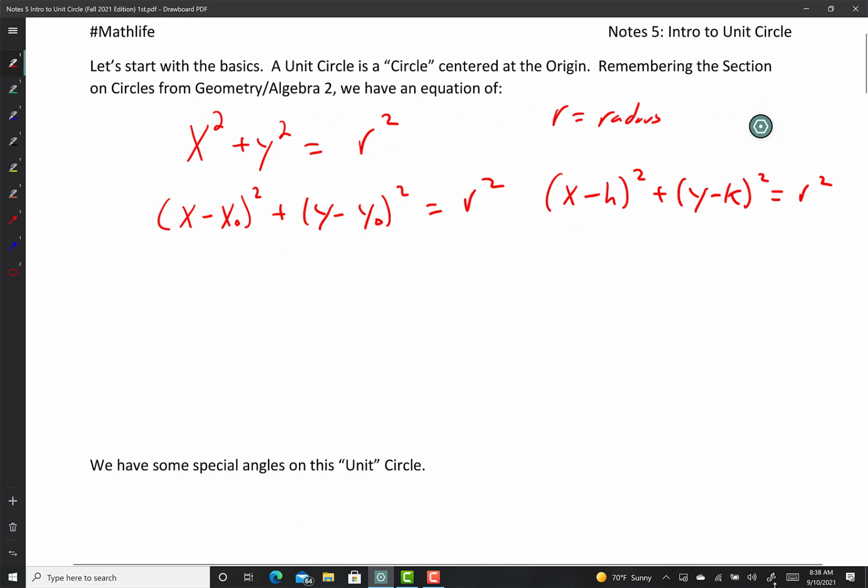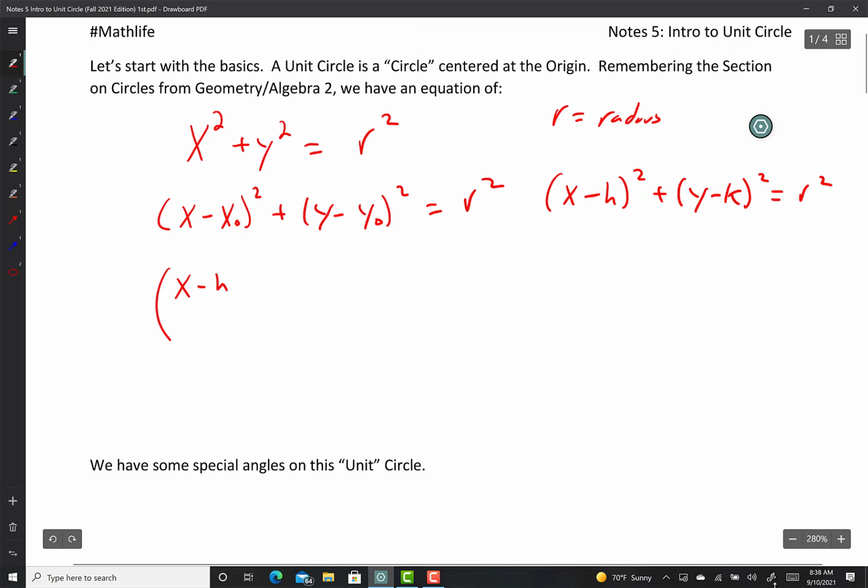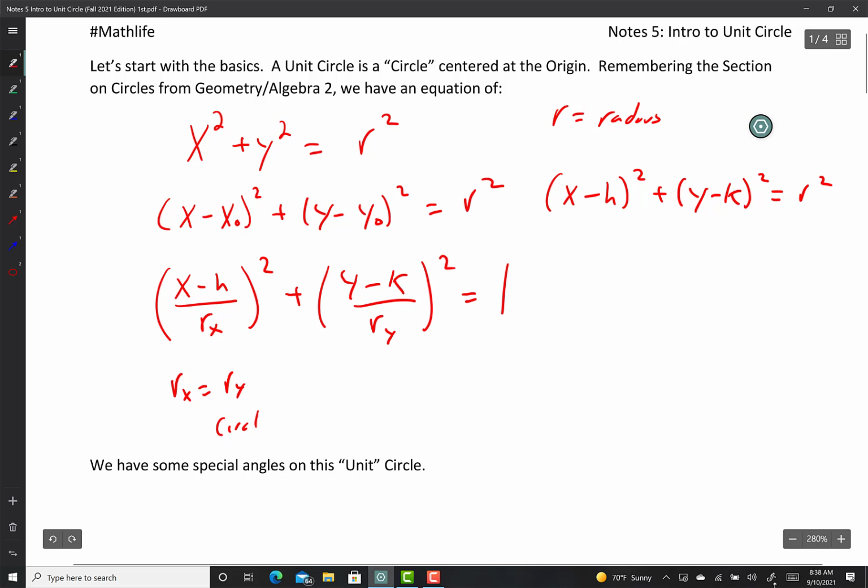They all mean the same thing. It could also look like ((x minus h) over rx) squared plus ((y minus k) over ry) squared equals 1. If rx equals ry, you have a circle. If rx is not equal to ry, then you have an ellipse.